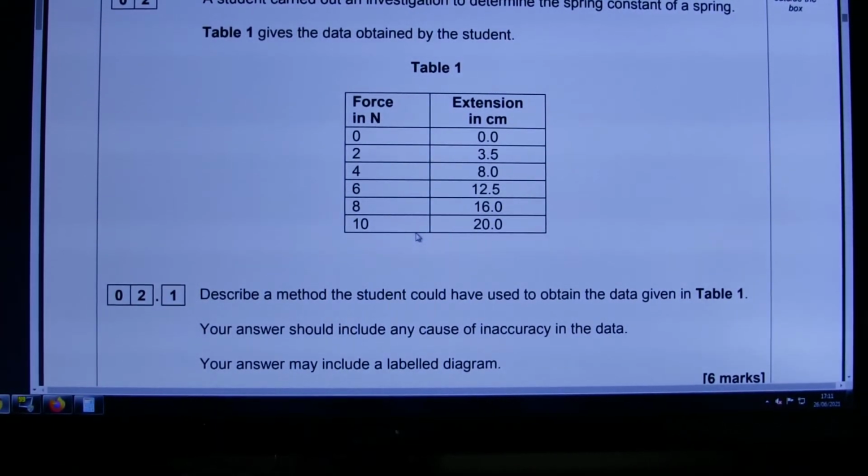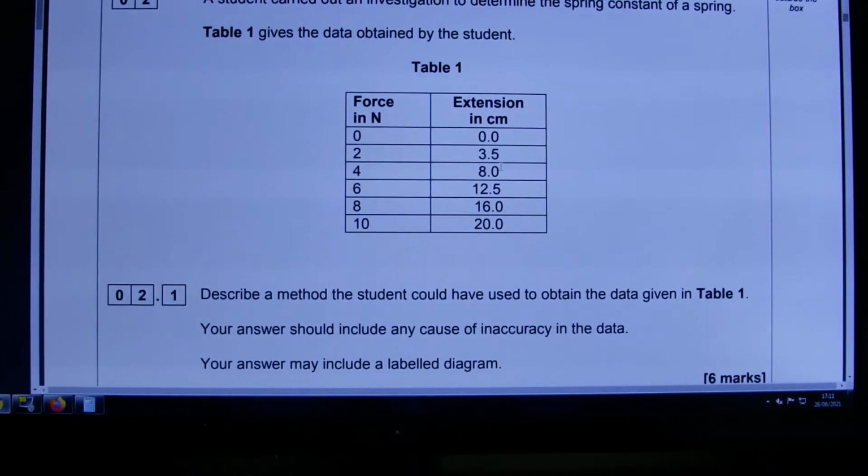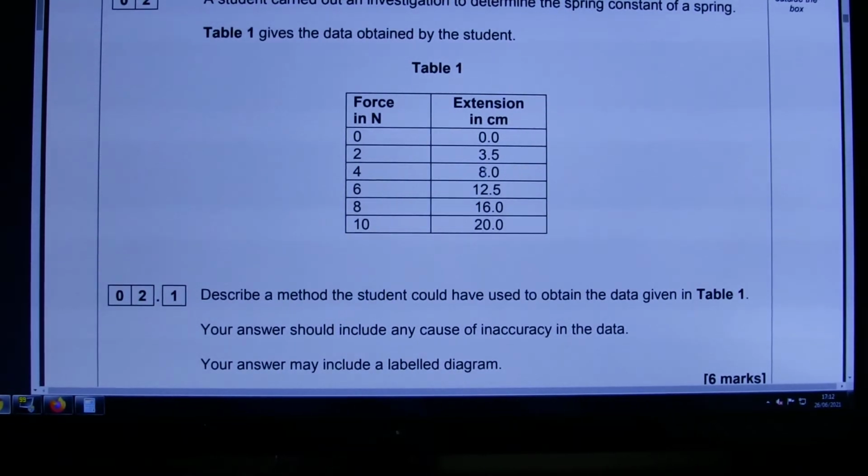Amateur! 7.5 mil, whereas from 0 to 4 you've got 7.5 centimeters. 8 centimeters. This is crappy measurement. It's approximately 2 centimeters per newton. A couple of these are slightly off.